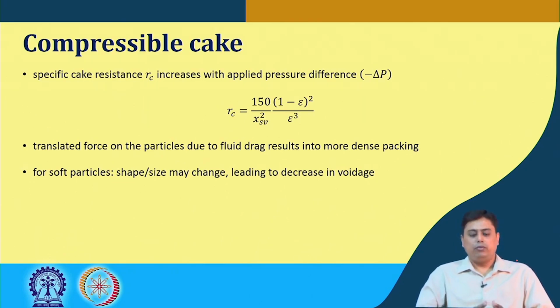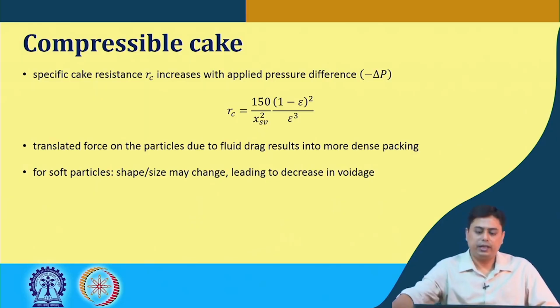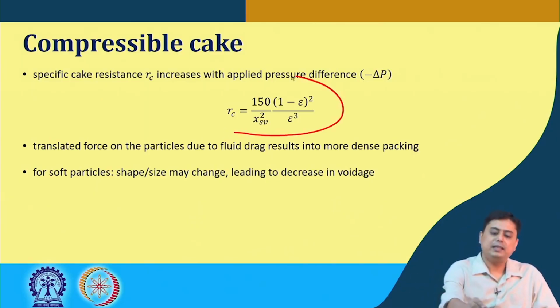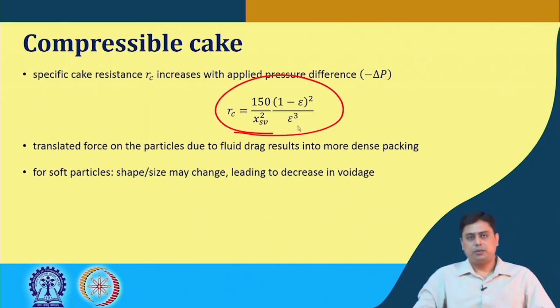If we recall the expressions shown here, we can see that this specific cake resistance is basically a function of the bed voidage or the porous medium porosity.